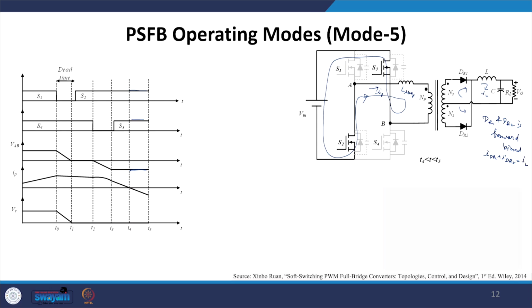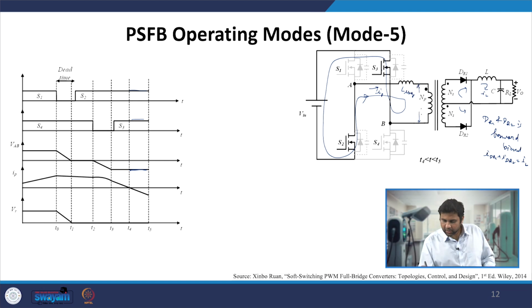Since both are conducting, the secondary is short circuited at this point, from here to here it is 0, and the entire VAB, which is equal to minus V in, is coming across L leakage.